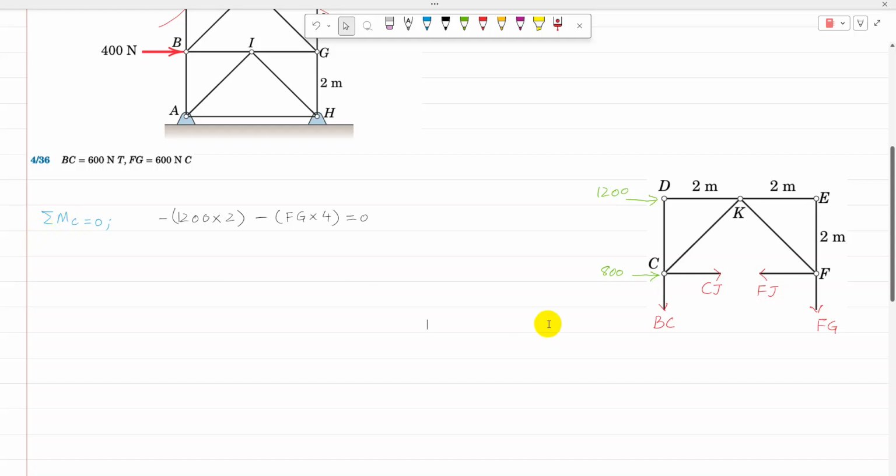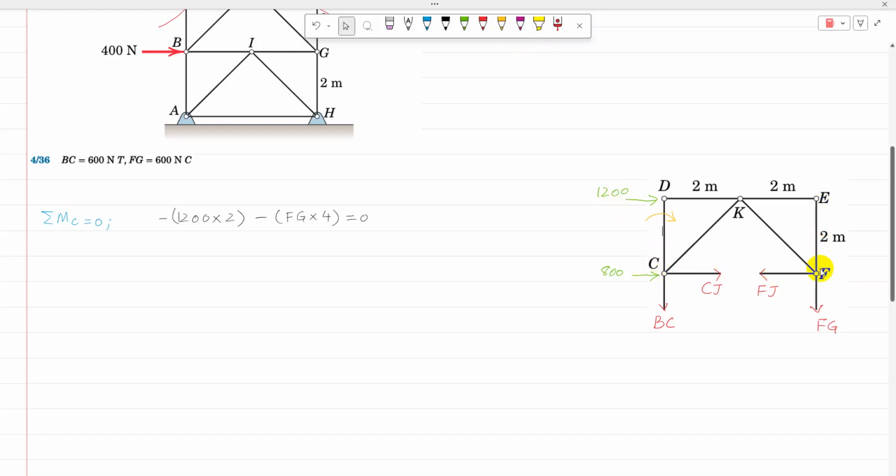So now, taking moment about point C, sigma MC equal to 0. There is a 1200 load acting along DE, and its perpendicular distance from point C is CD, which is 2 meter, and it is going to produce moment in clockwise direction, so that is 1200 times 2. The other one is FG.